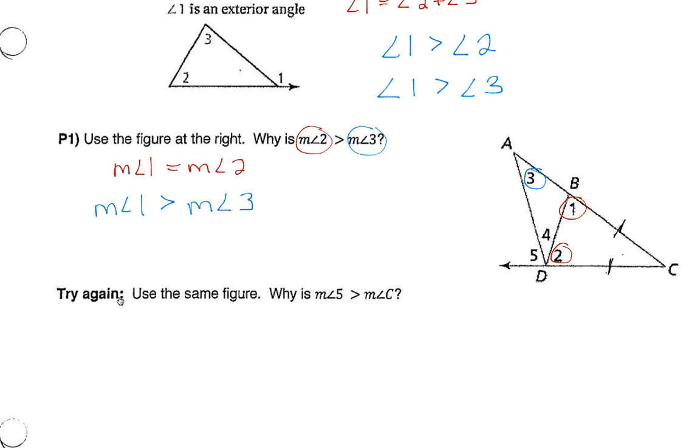Using the substitution method, we can therefore say that the measure of angle 2 is greater than the measure of angle 3.